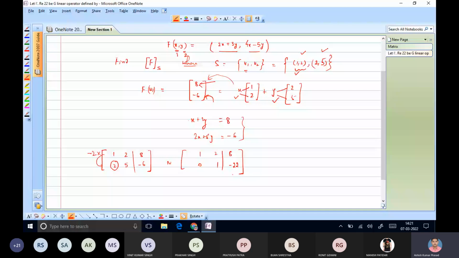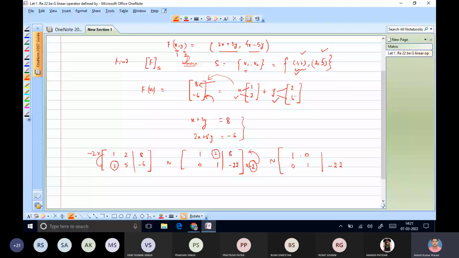Next, I have to remove this one. So I multiply minus 2 to the second row and add it to the first row. So I will get 0, 1, minus 22, and here 1, then minus 2 plus 2 is 0, and then minus minus plus 22 into 2 is 44, plus 8, that is 52.